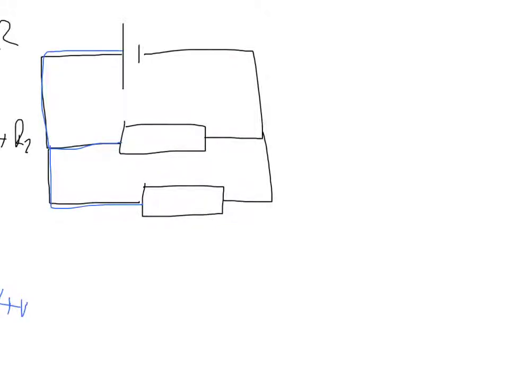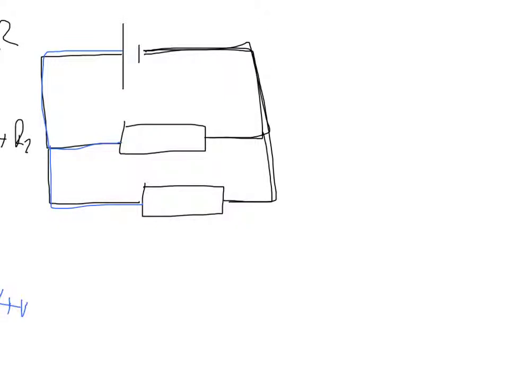Both the left hand side of each resistor is connected to the positive terminal, and both of the right hand sides of our resistors are connected to the other side of the battery terminal. So we can see from this that both resistors have exactly the same voltage across them. That's the first thing about parallel circuits: for these two resistors in parallel, they both have exactly the same voltage across them.